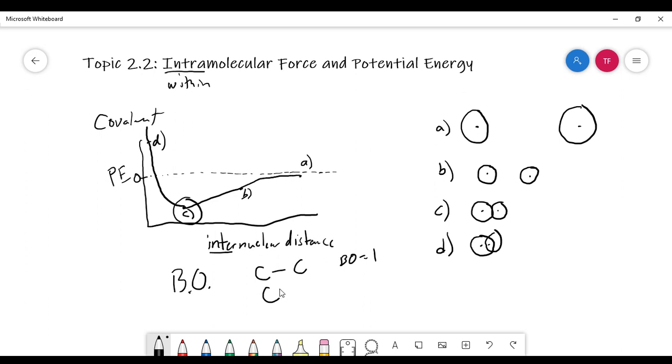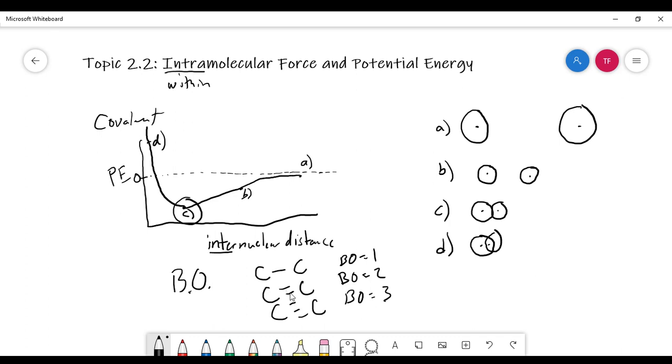If you have two bonds between the two carbon atoms, then we call that a bond order of 2. And if you have 3 bonds between the carbon atoms, we call that a bond order of 3. So a single bond is a bond order of 1, double bond is a bond order of 2, triple bond is a bond order of 3.